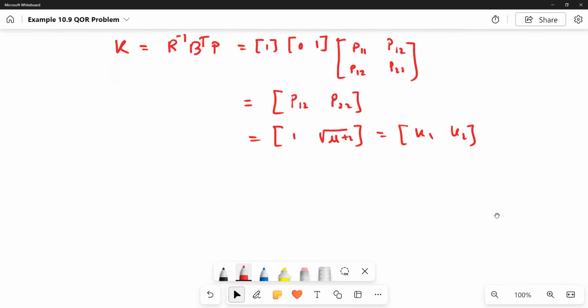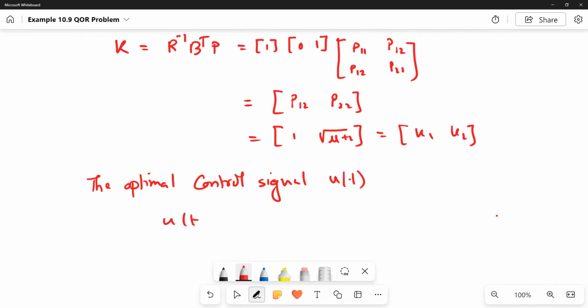So now what should be our optimal control signal? We're looking for U. So u(t) is simply minus K x(t).